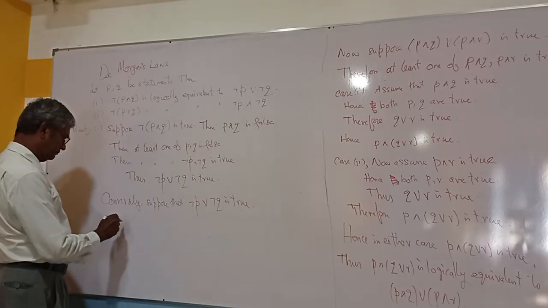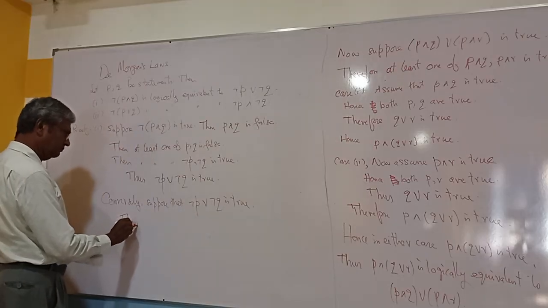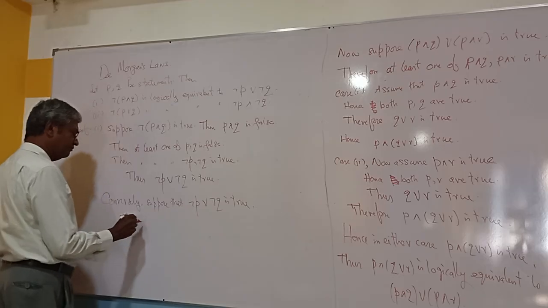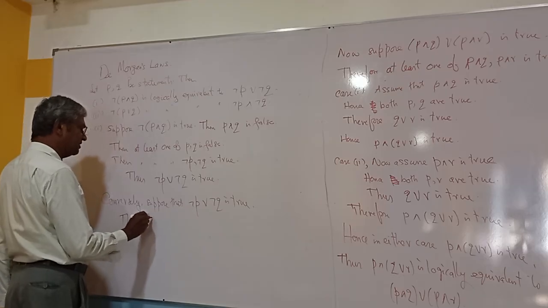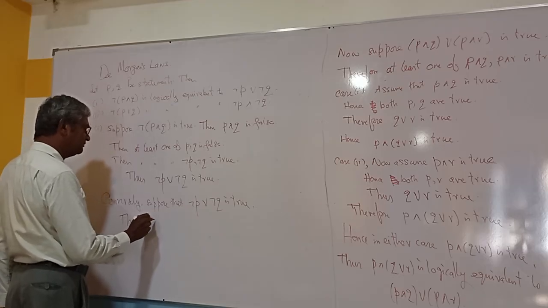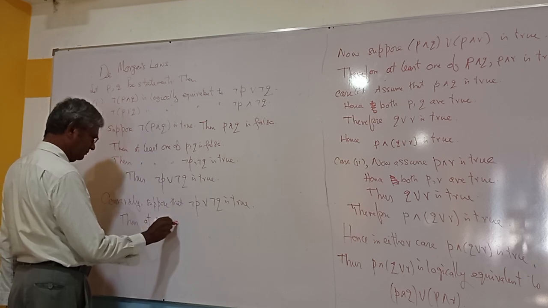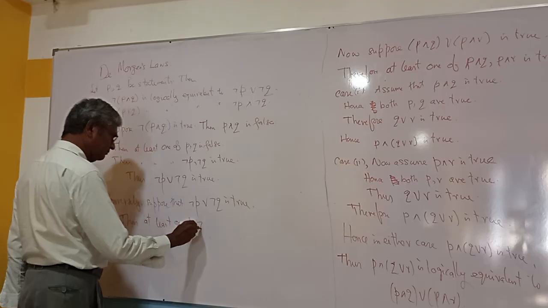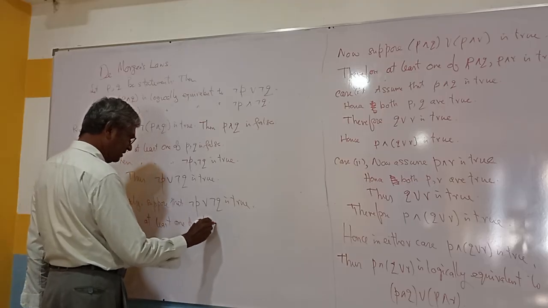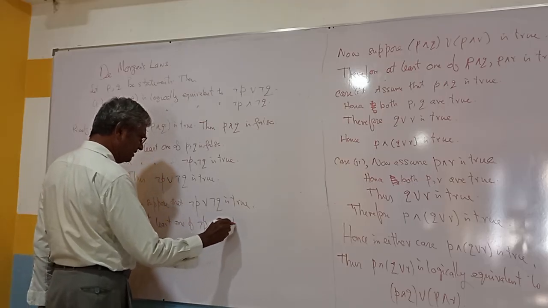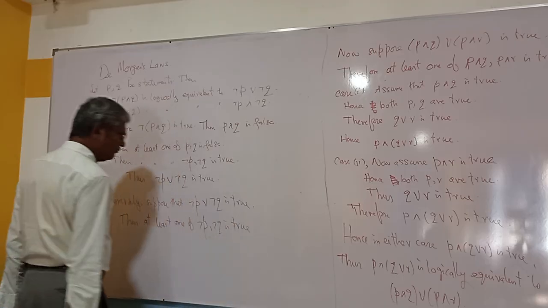Then not P is true or not Q is true. At least one of not P, not Q is true.